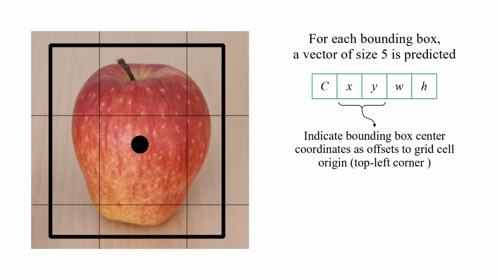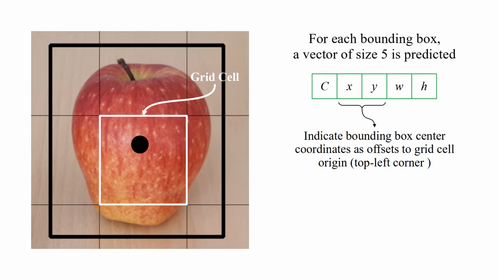X and Y indicate bounding box center coordinates as offsets to grid cell origin, top left corner. This is grid cell. And grid cell origin is at top left corner.